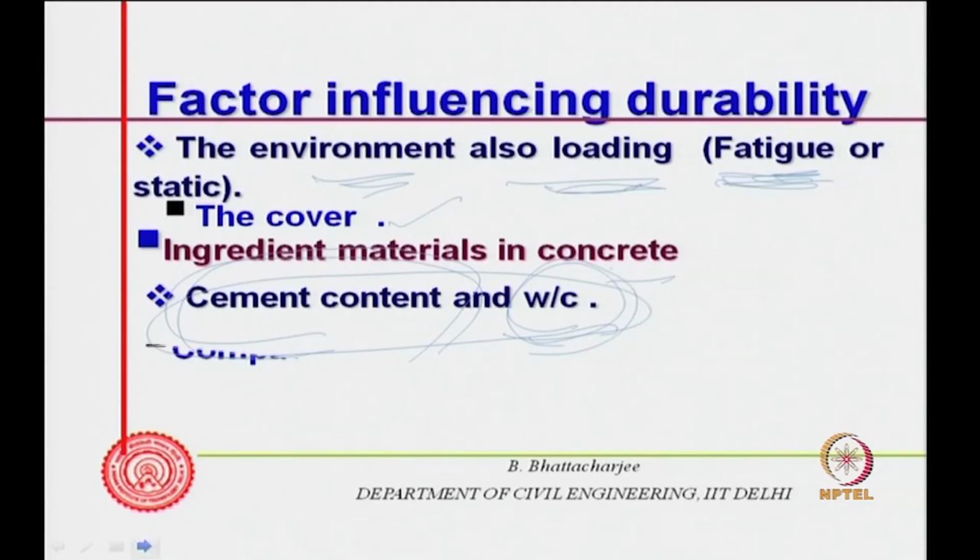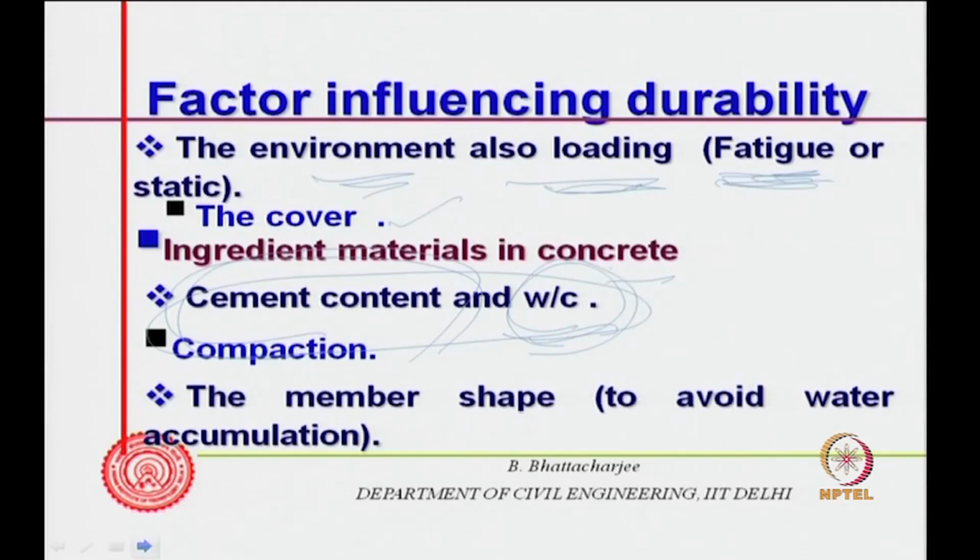So, this is what has been used as prescriptive measures, and compaction is definitely important, but there is no way to really check it directly for durability issues, unless you have some in situ testing and performance measures rather than prescriptive measures. But compaction will also govern, because honeycomb concrete, with its porosity, will obviously be less durable.